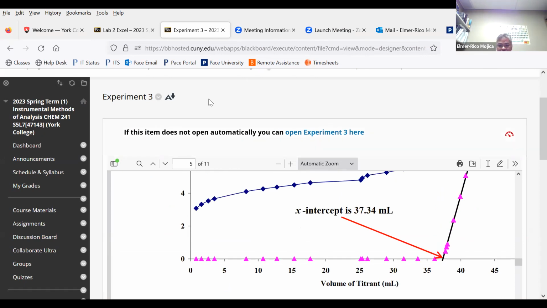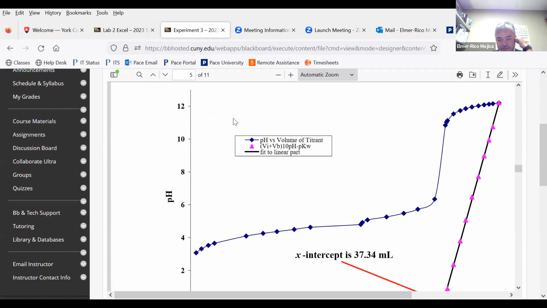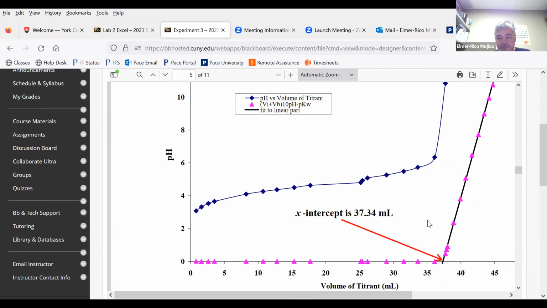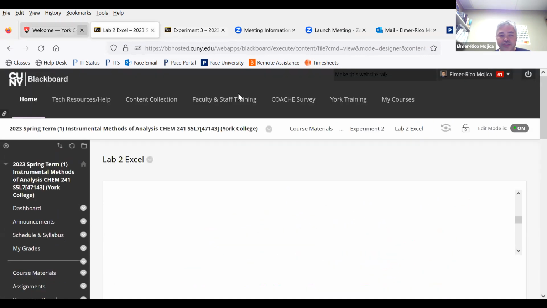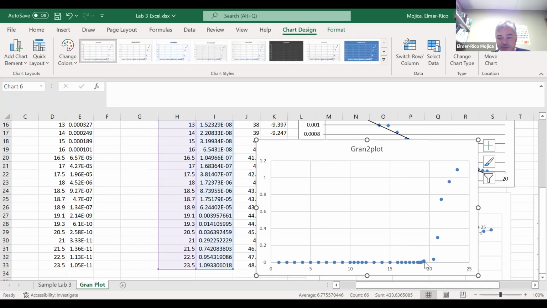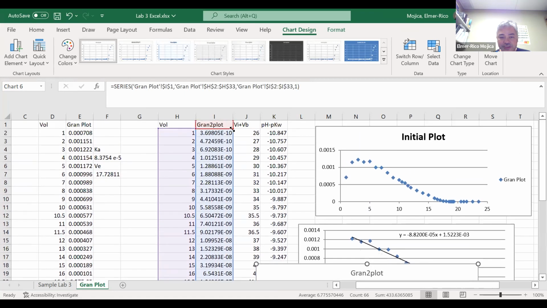Right away, you can get the x-intercept. What you're going to do is fit it to the linear part, so you're able to get the slope. It would be around this portion here. If you want to get the linear part of it, you can just drag it down.